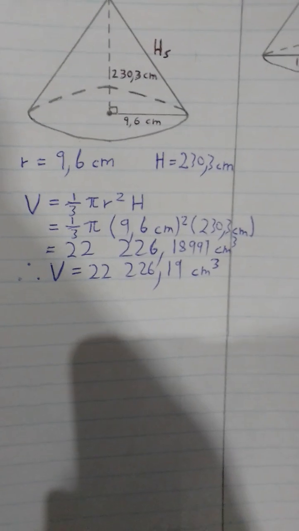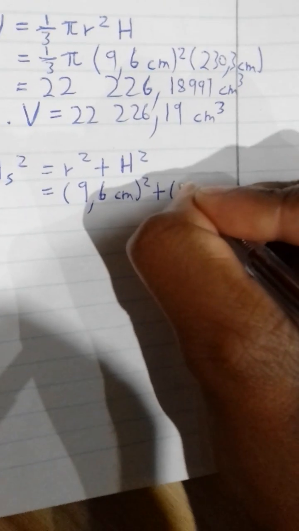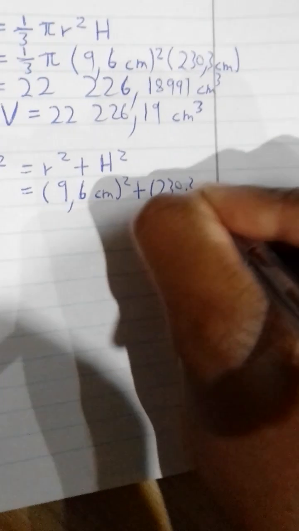Now we need to calculate the surface area. Please remember the formula. Slanting height squared equals radius squared plus perpendicular vertical height squared. Okay. Radius is 9.6, h is 230.3 squared.